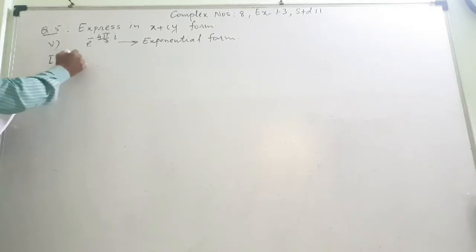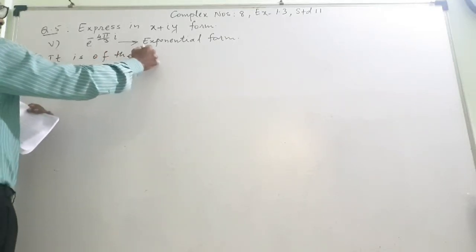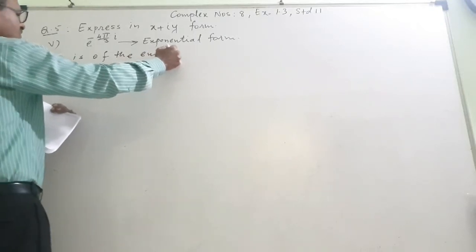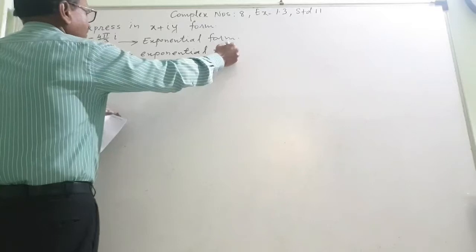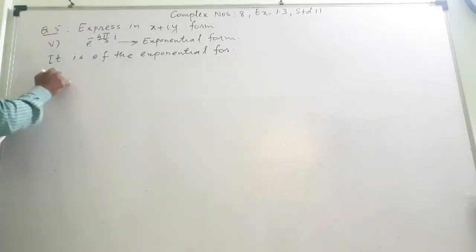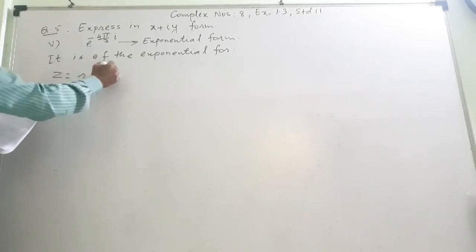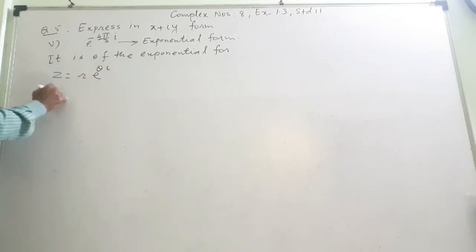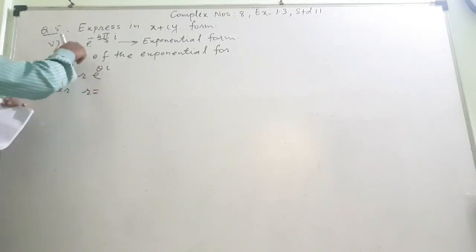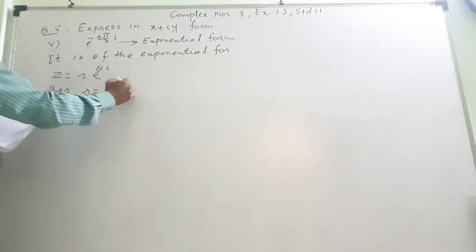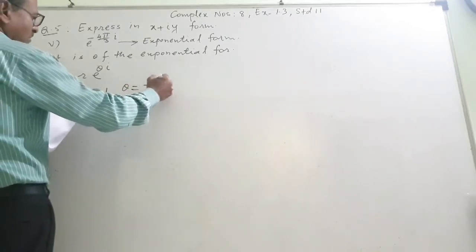So how will I solve? Z is equal to r into e raised to theta i, where r is equal to 1 and theta is equal to minus 4 pi by 3.